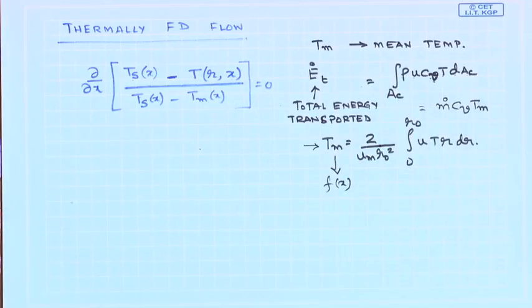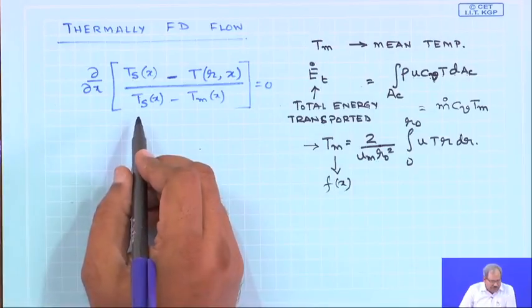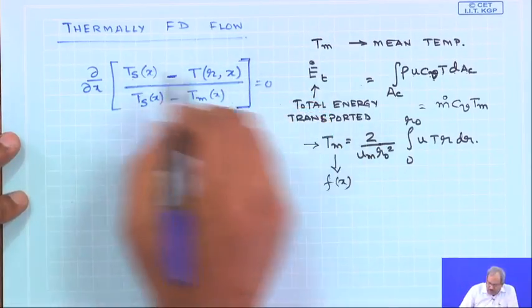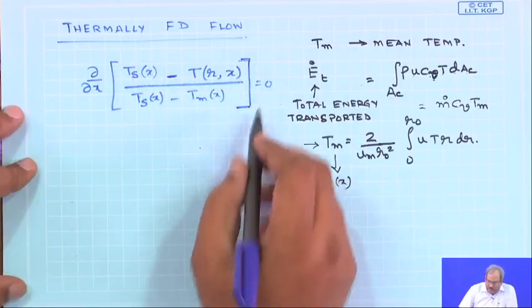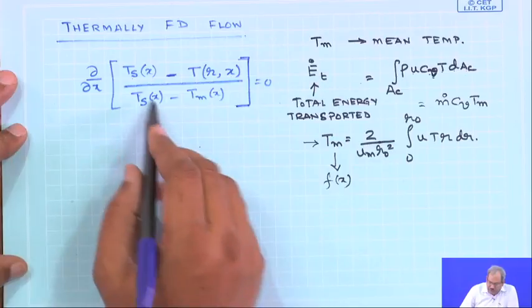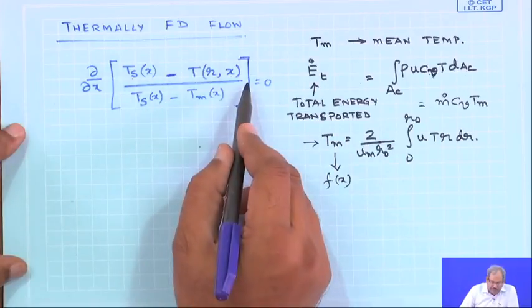So, let us expand this expression and see what additional information we can obtain out of this. This is the definition, and this being 0, the temperature ratio is therefore independent of x.